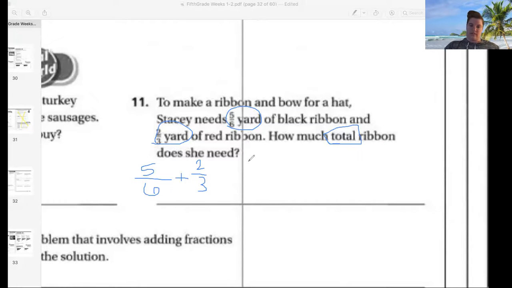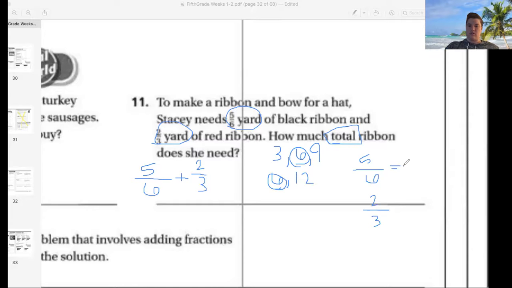So we have our denominators of 3 and 6. Many of you probably already know what the common denominator is here. Our least common multiple is 6, which makes it our common denominator. So then I would do 5 sixths and 2 thirds.